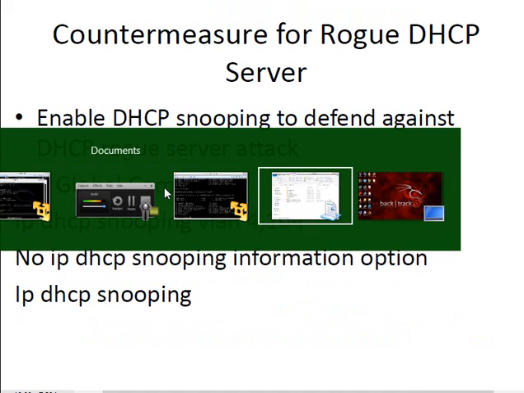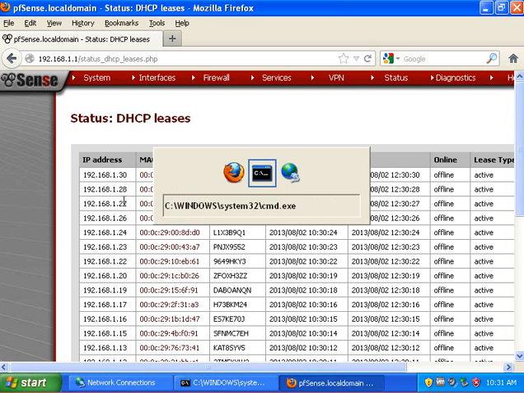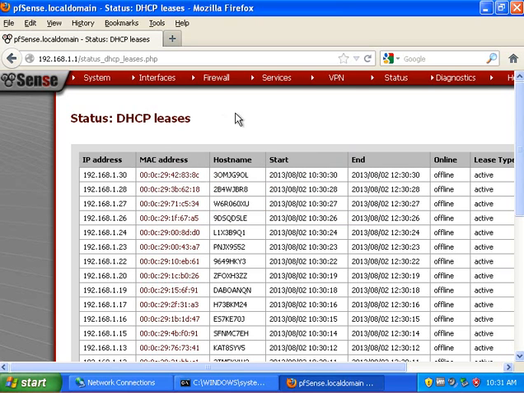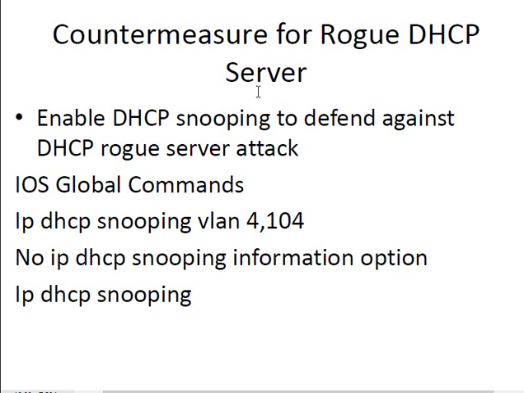We also need a countermeasure for rogue DHCP servers. If the DHCP server is flooded, the attacker can create its own fake DHCP server and do a man-in-the-middle attack, so we also need to prevent rogue DHCP servers. Here we use DHCP snooping in the Cisco switch to defend against rogue DHCP servers.